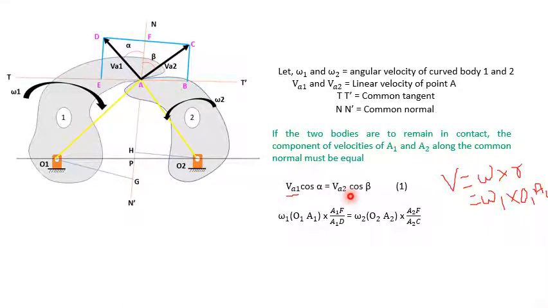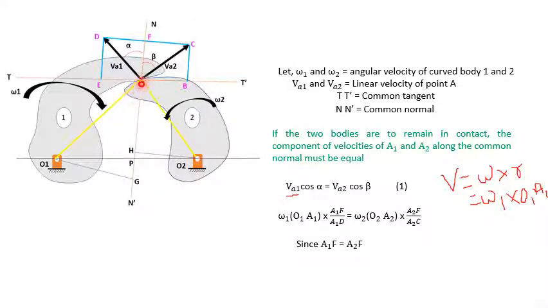Similarly VA2 in terms of angular velocity is omega 2 multiplied by the radius, that is O2A2. Next, cos beta. In this triangle cos beta is nothing but A2F divided by A2C.